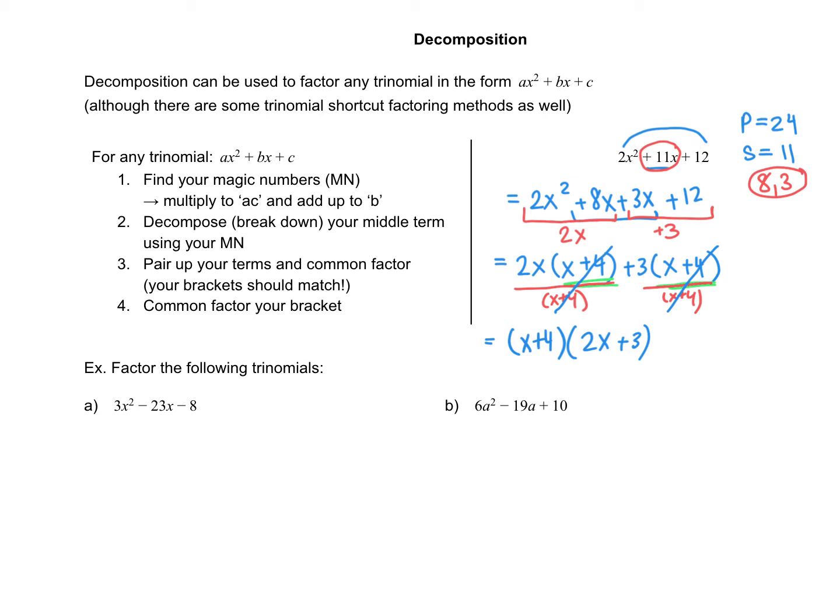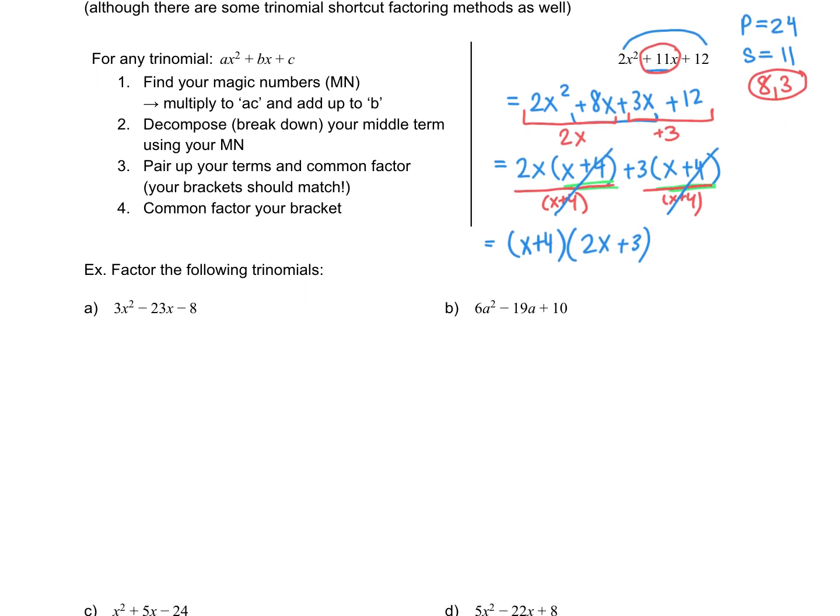Now, let's try this again. So 3x squared minus 23x minus 8. We are going to multiply the outsides so that our product is 3 times -8, which is -24, and our sum is the middle number, and we look at the sign, so -23. Now, the product is negative, which means you need a number that is positive and one that is negative.